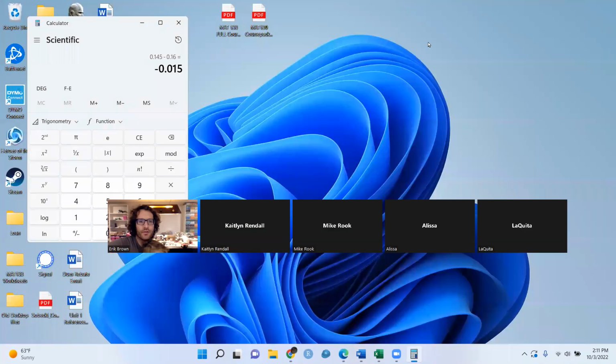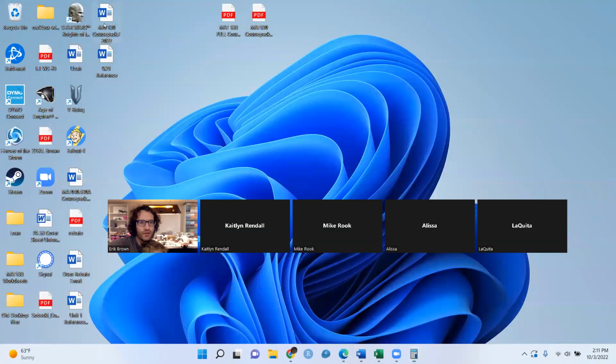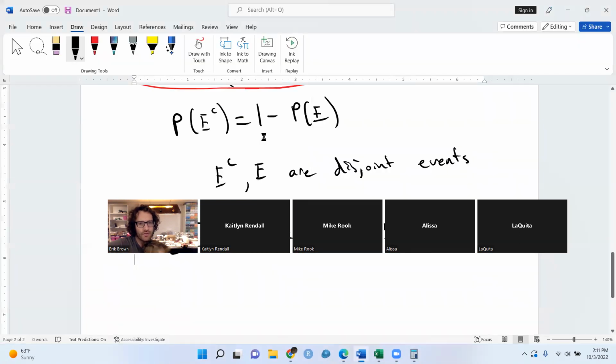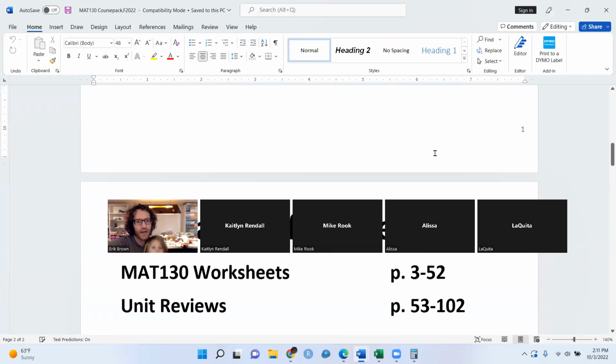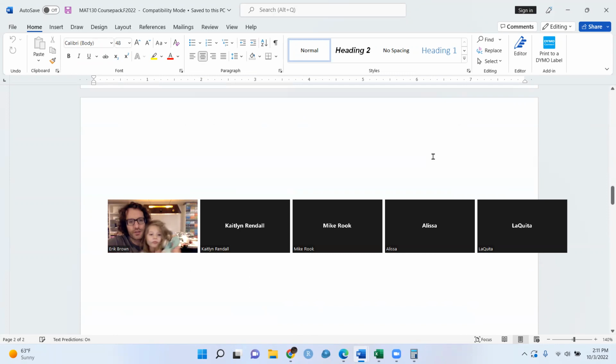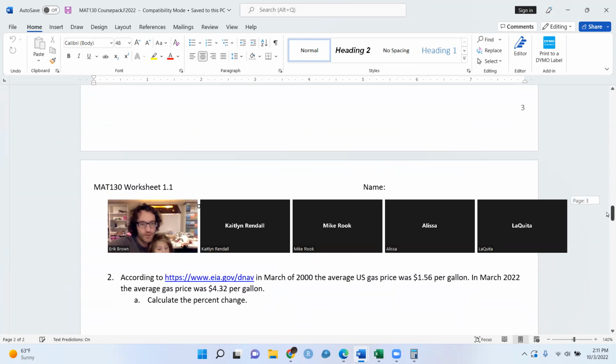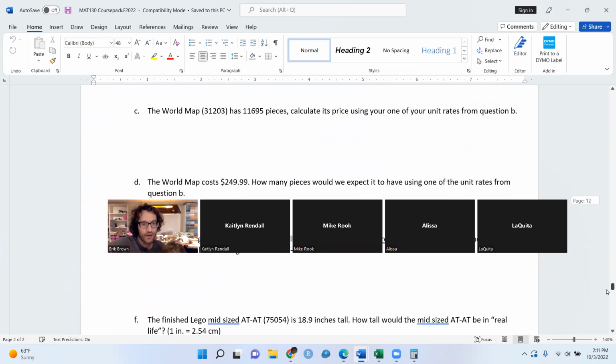The good or bad news is that really the worksheets and the course pack do not align with what we've just covered. So there really aren't any worksheets we can do yet because we need to get through 2.5 to learn the technology we need in order to do what you're asked to do in the 2.5 worksheet.